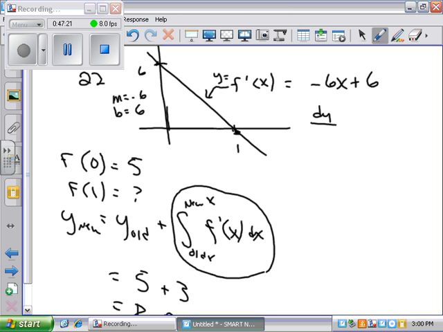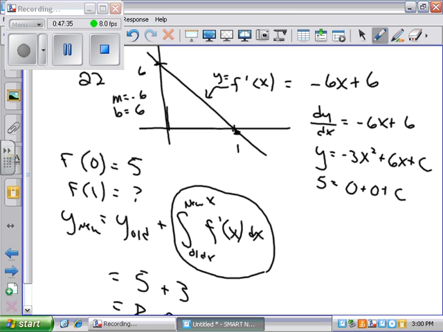You have dy/dx equals negative 6x plus 6. So y is negative 3x squared plus 6x plus c. You've got the point (0, 5). So c is 5. So you have y equals negative 3x squared plus 6x plus 5.